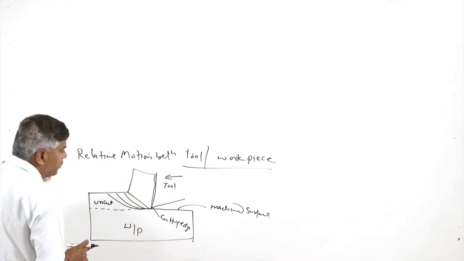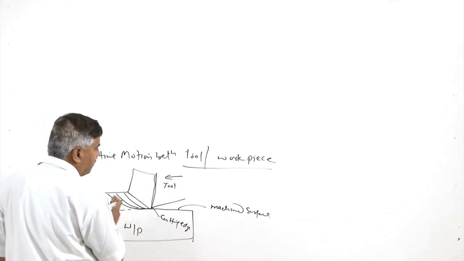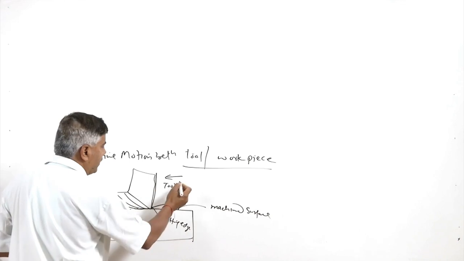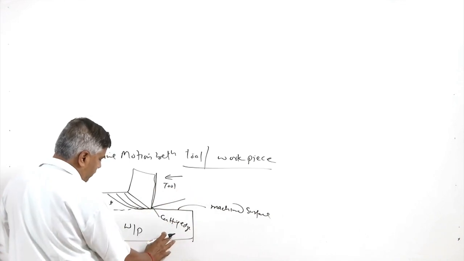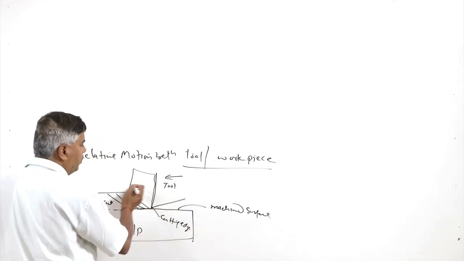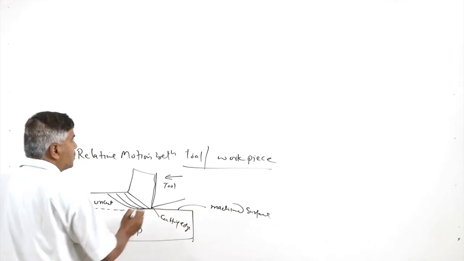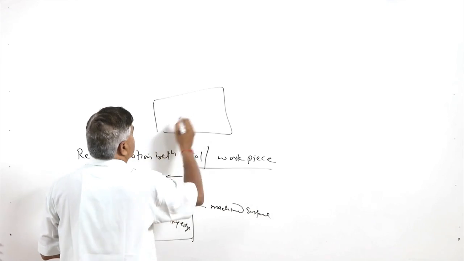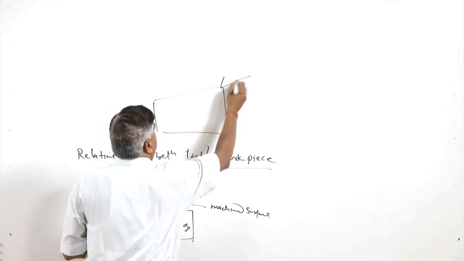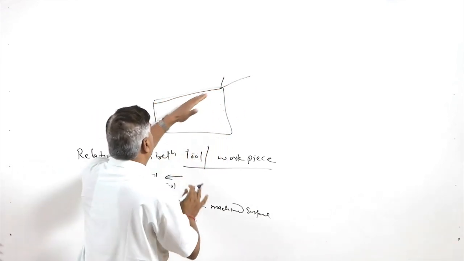So, the relative motion between the tool and the workpiece here is one, like in this case if the workpiece is fixed, then the tool is moving with respect to the workpiece and generating this flat surface. So, in this case the tool is moved and the material is removed all along this line.